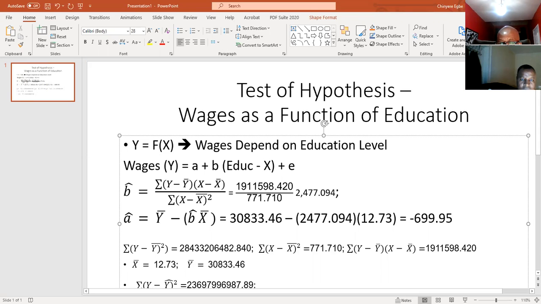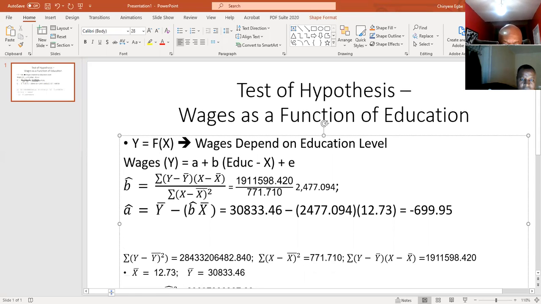Okay, so now once you do this, then you're going to write out the model equation and interpret it.